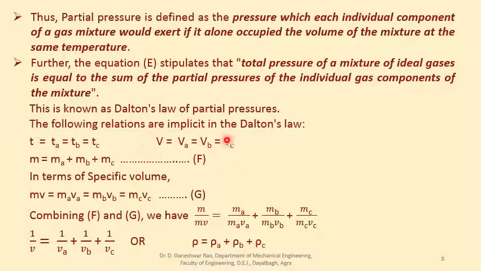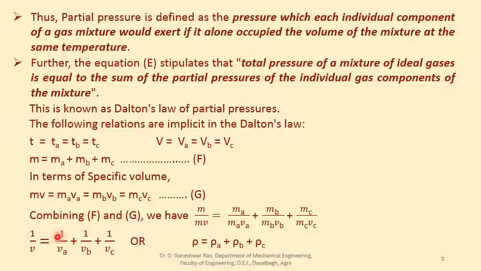So in this equation we have replaced capital V, that is total volume, by mass into specific volume, right? So combining these two equations, F and G, what we have, M upon Mv is equal to Ma upon Ma va, Mb upon Mb vb, Mc upon Mc vc.